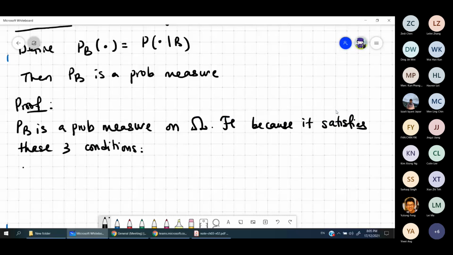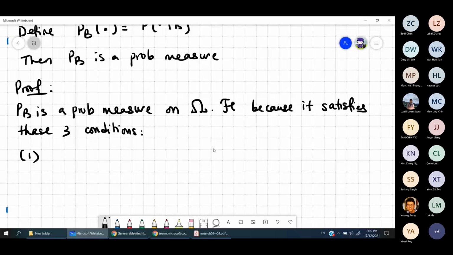Okay, we do one by one. So the first one, we need to prove this: P_B of Omega must be 1.